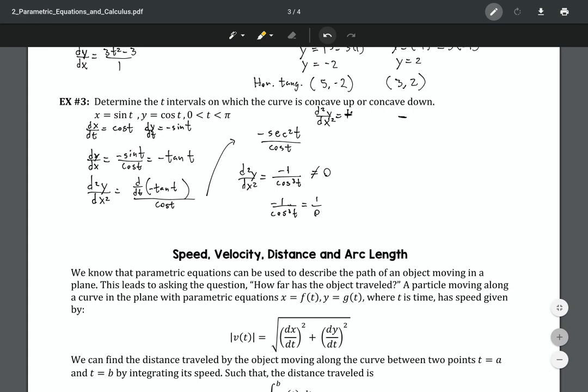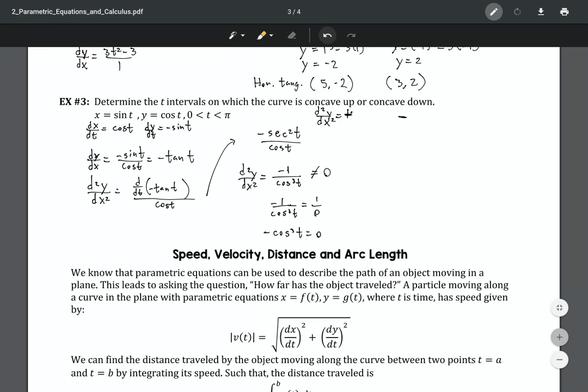When would that be equal to 1 over 0? Well, that happens when the cosine cubed, and essentially I have negative cosine. I'm really just trying to figure this out.